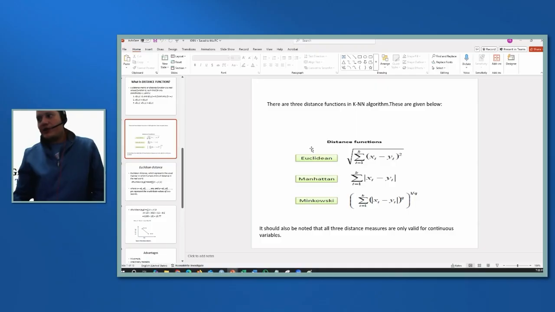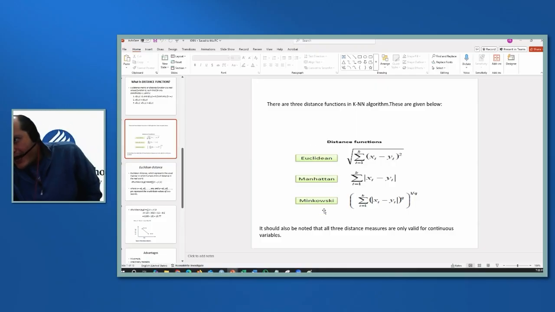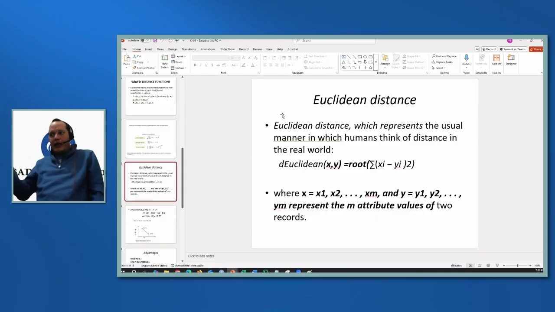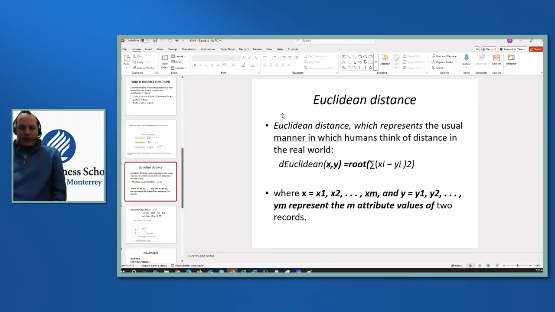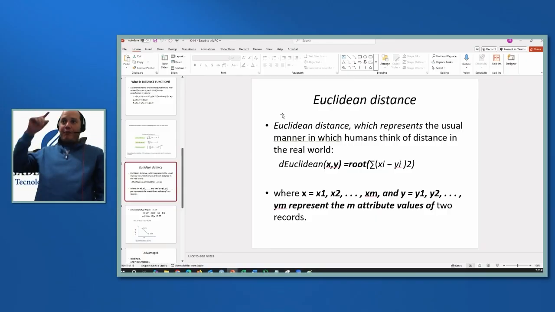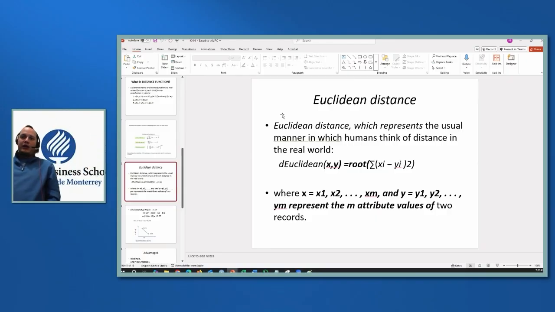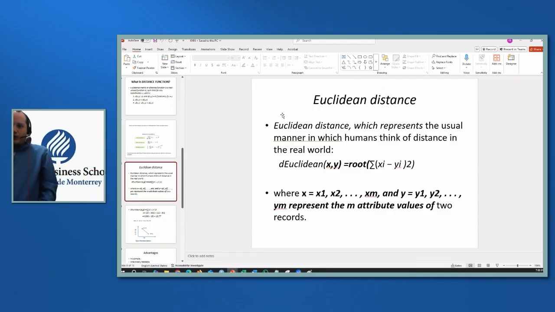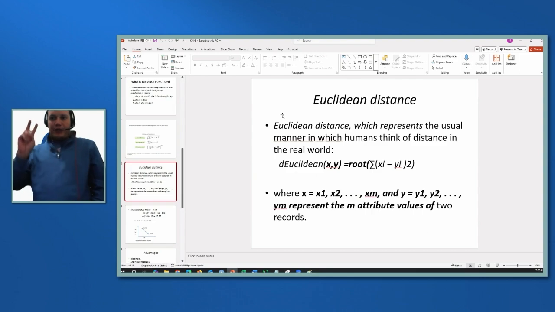So we can use either Euclidean or Manhattan or Minkowski, right? However, the most common is the Euclidean distance, which is nothing but the hypotenuse squared, which is the sum of the squares of the catheti, a squared plus b squared.